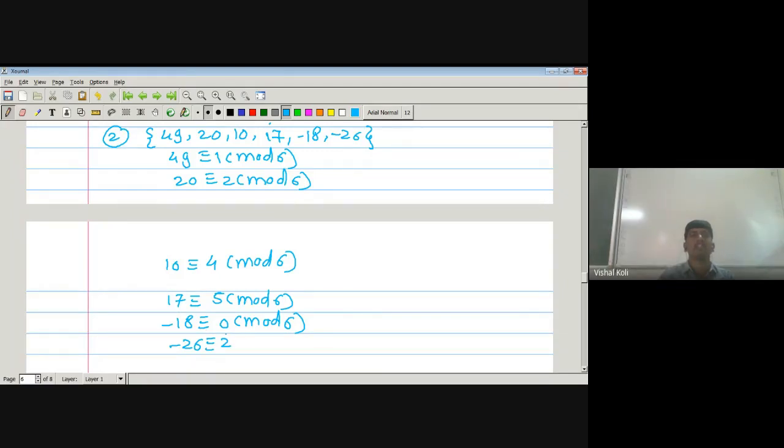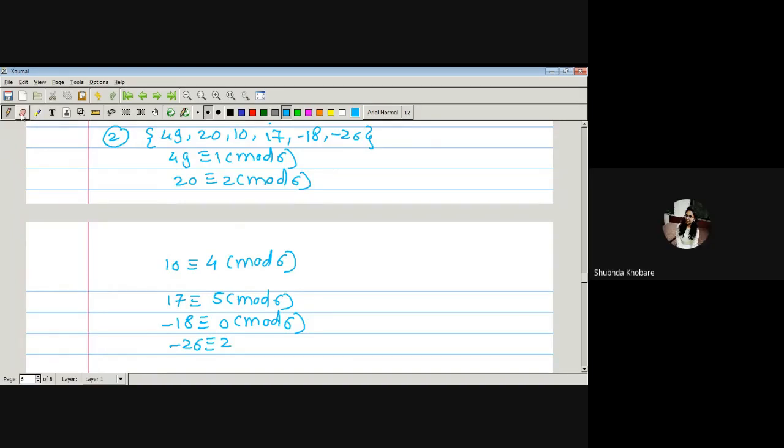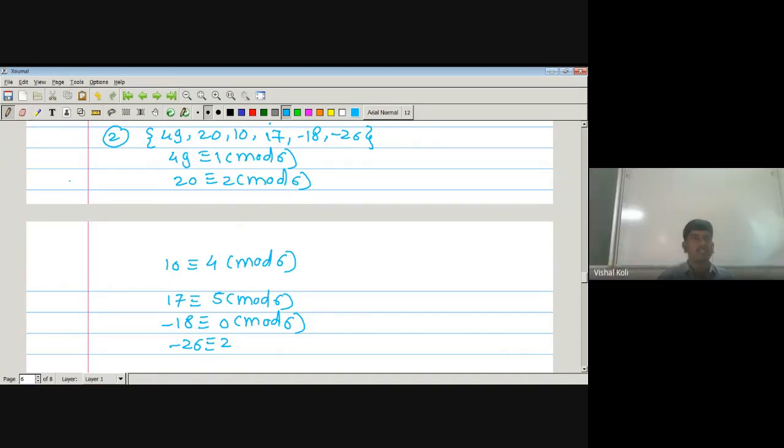Then minus 26 is congruent to 4 modulo 6. Minus 18 is congruent to 0 and minus 26 is congruent to 4 modulo 6.